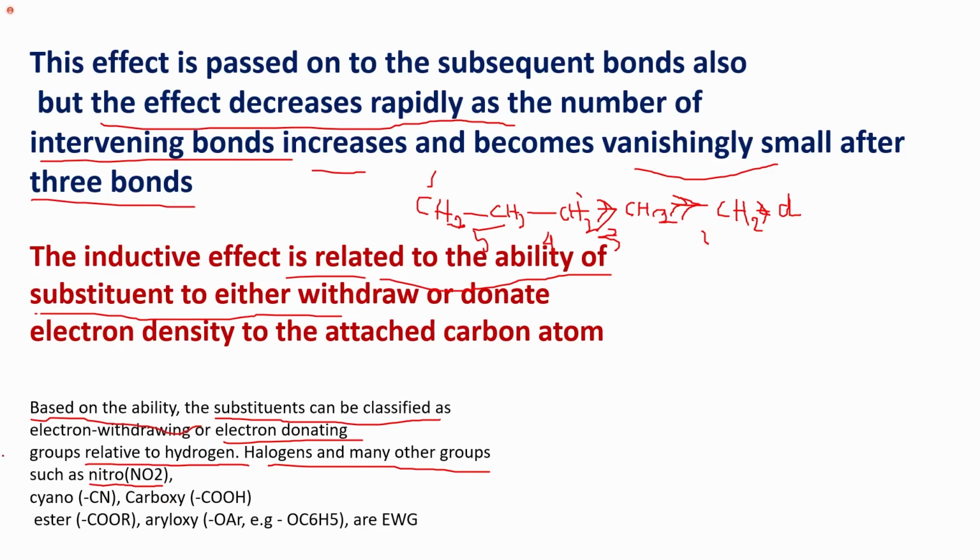Nitro group, cyano group, alkoxy group, carboxy group, ester group. These are all known as electron withdrawing groups. Now we'll go to the next slide.